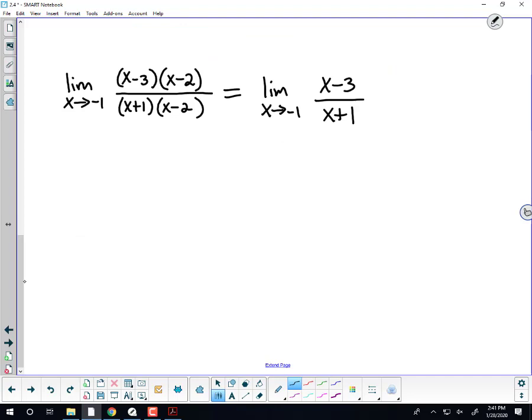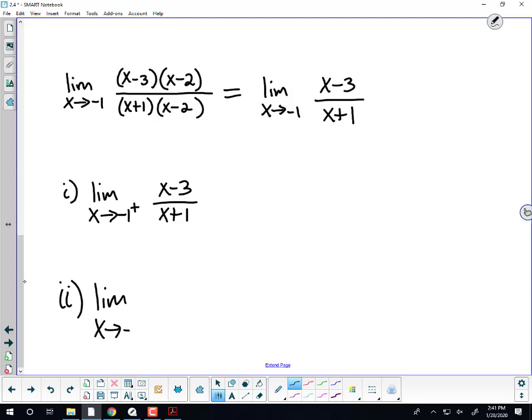So to evaluate this limit, one-sided limits are involved. So we're going to look at both of those.